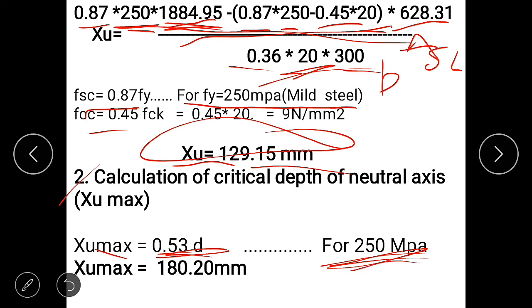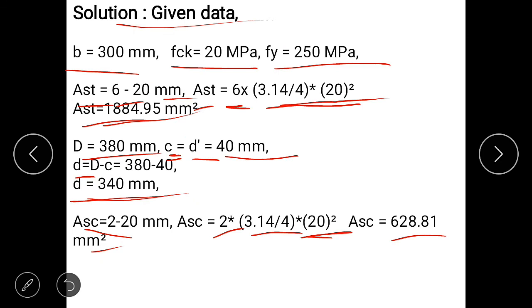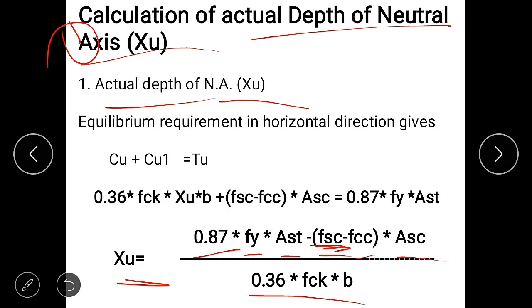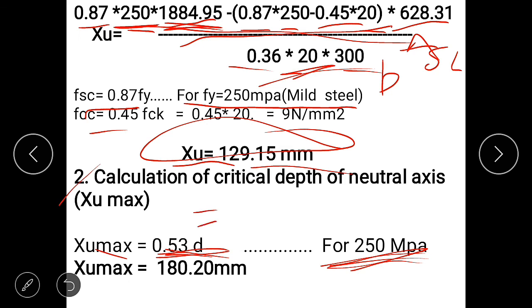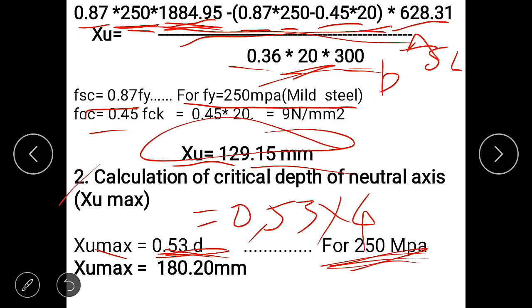So for 250, xu max is 0.53d. Our effective depth d is 340. So 0.53 into 340, xu max is 180.20 mm.